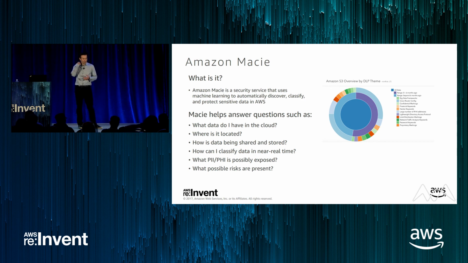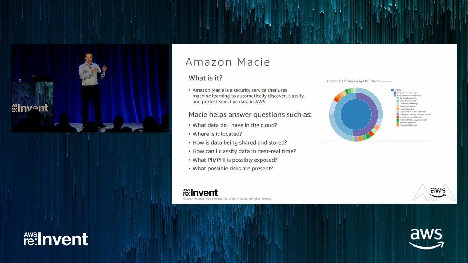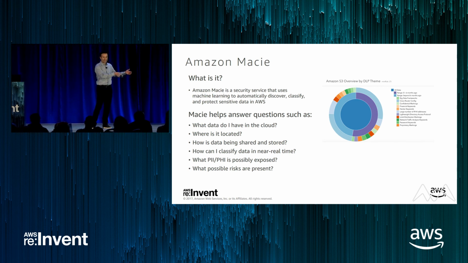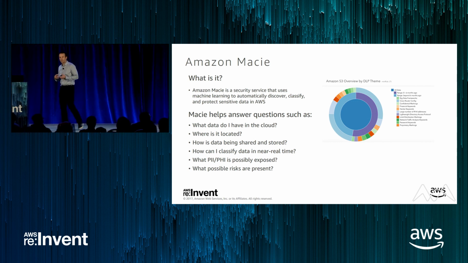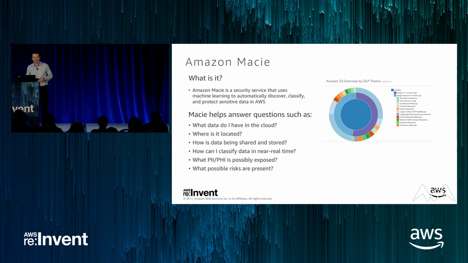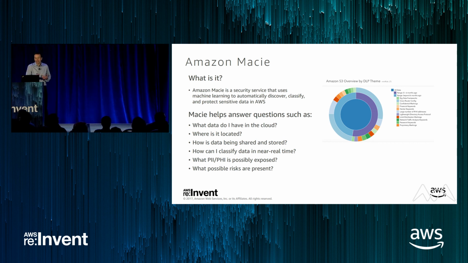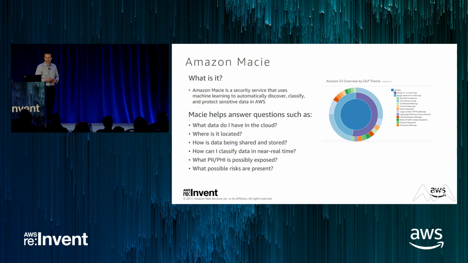So Macie can help us answer questions around, what types of data do I have? Is it source code? Is it password files? Is it private keys? Macie can help interrogate and look at that. And it can help classify the risk associated with those different types. It can help point out what's possibly PII or PHI.